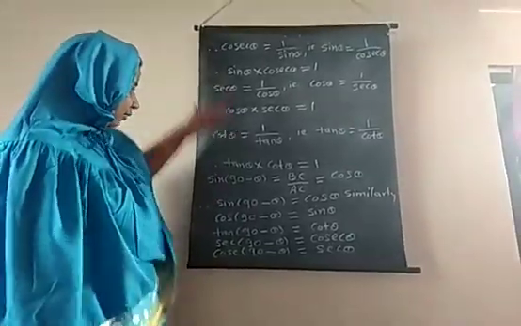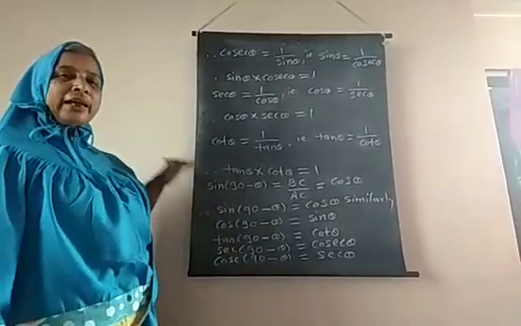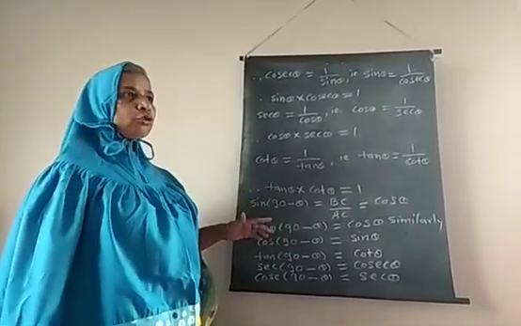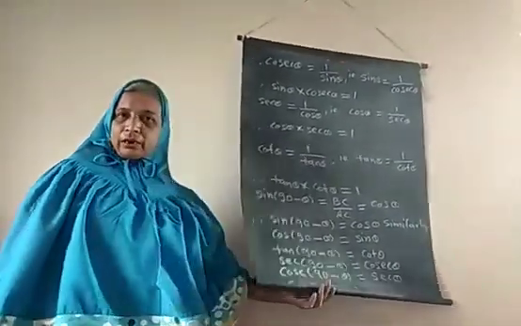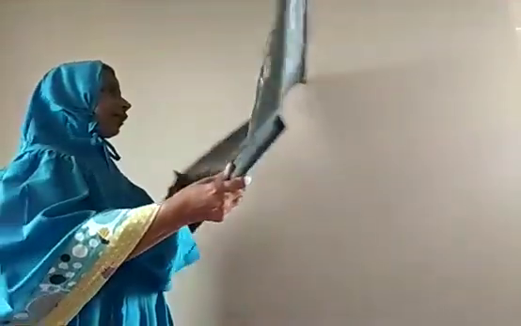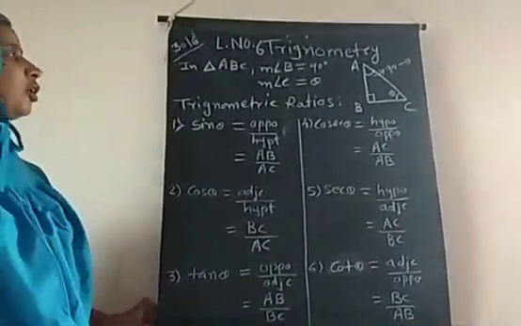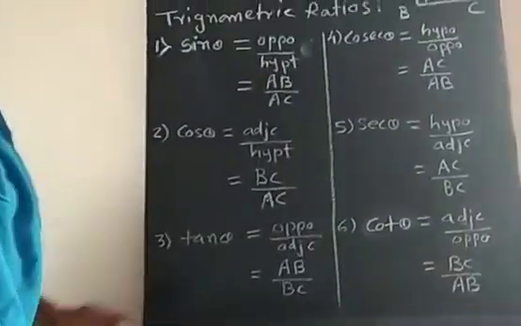We use all these trigonometrical relations and ratios when we are solving the questions that prove trigonometrical ratios. First, all of you write down these and learn all these ratios and relations.